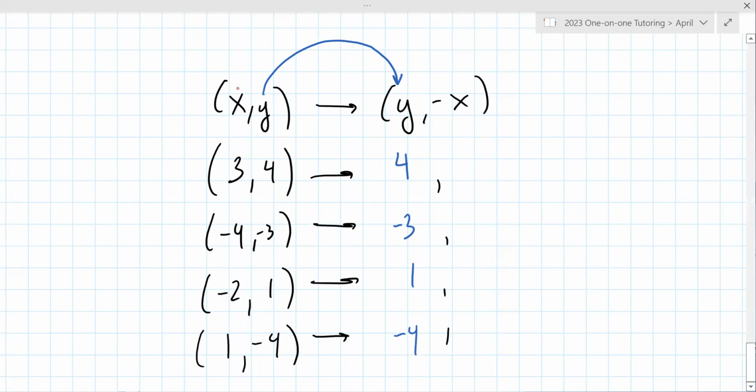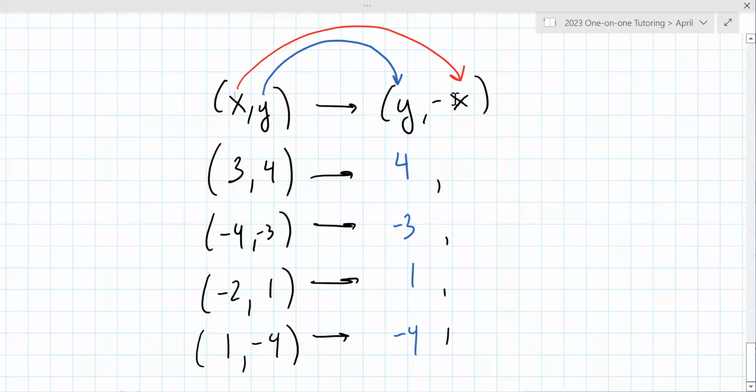Now, what's going on in the next one? How do we go from x to this right here? Can you say in words what's happening? You go from x to -x. What does that mean? What does x to -x mean?